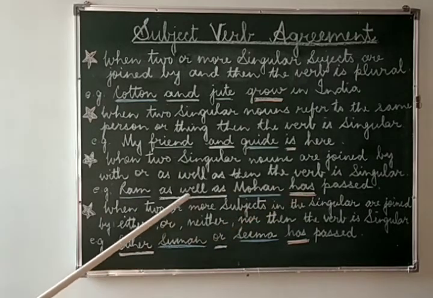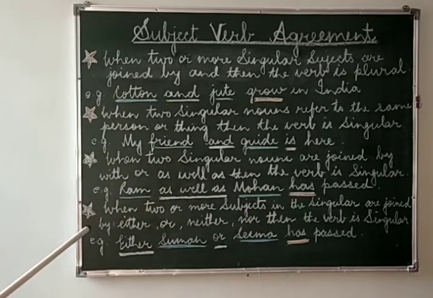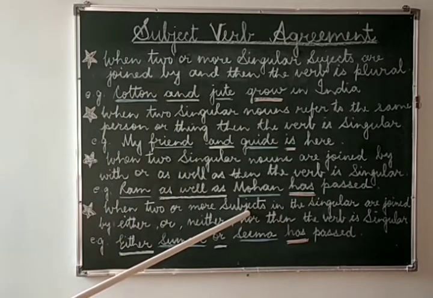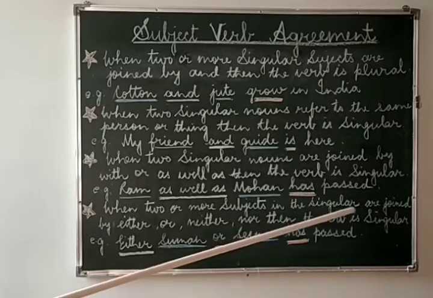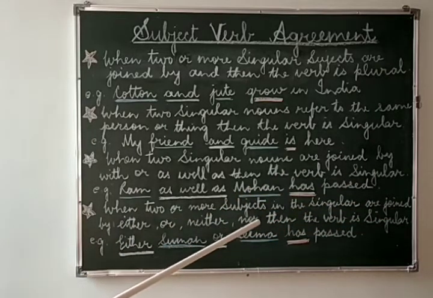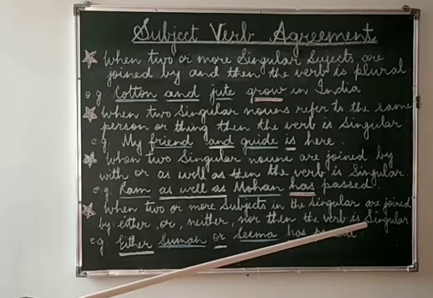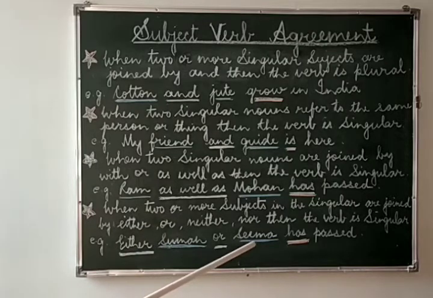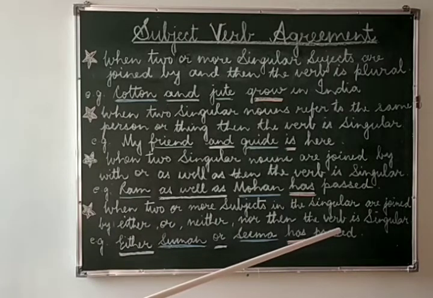So it's matching. Now next rule says when two or more subjects in the singular are joined by either or, neither nor, then the verb is singular. Now let's take an example. Either Suman or Seema has passed.